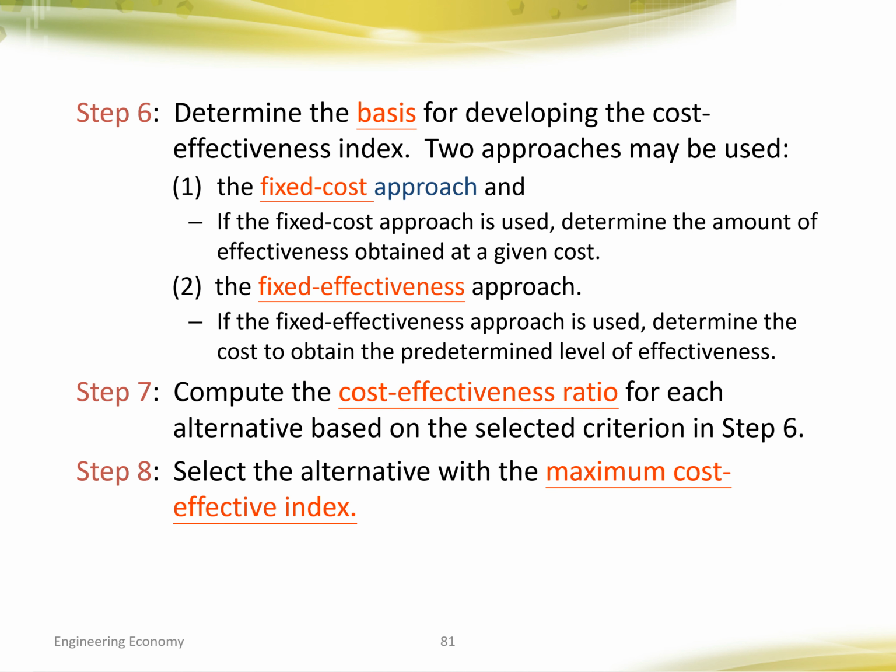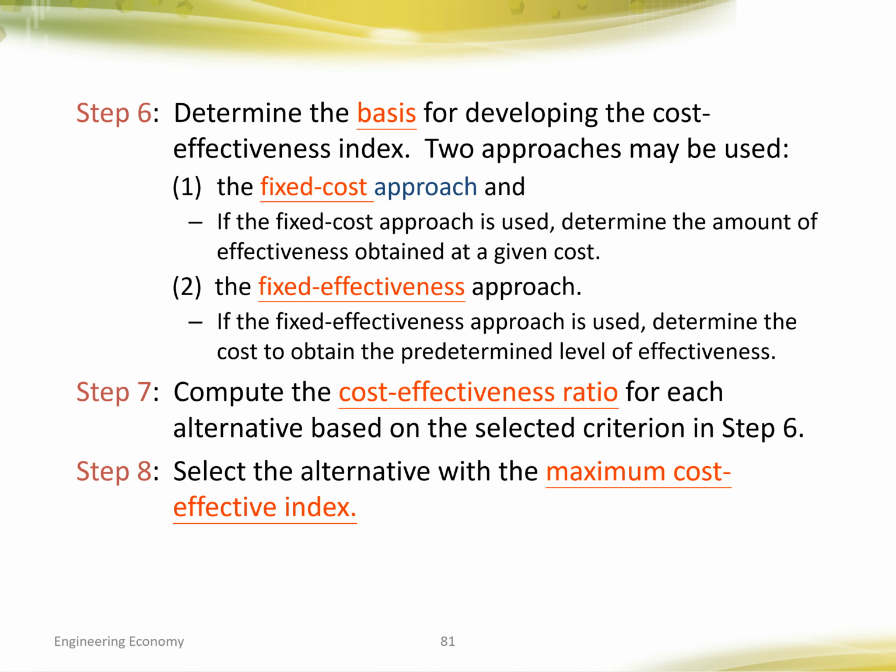There are at least two types of the cost effectiveness index, or two approaches. One is the so-called fixed cost approach. One is called the fixed effectiveness approach. Fixed cost is more like we have the budget to do that, so we have to achieve our goal within the constraint of the budget.